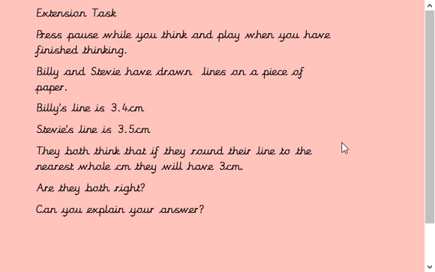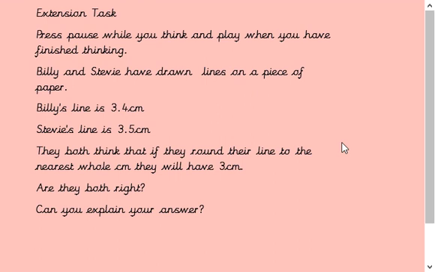Okay, welcome back. So, what have we done here then? We need to look at both of these lines in turn, and we need to round them to the nearest whole number. So if I look at Billy's line, I know that Billy's line rounded to the nearest centimetre is either going to be 3 centimetres or it's going to be 4 centimetres.